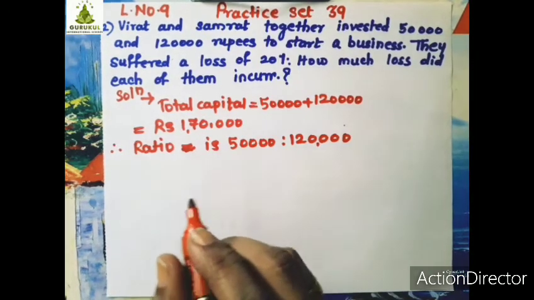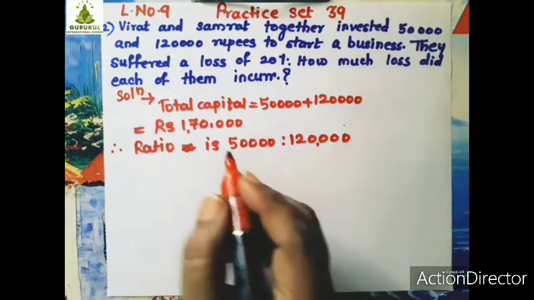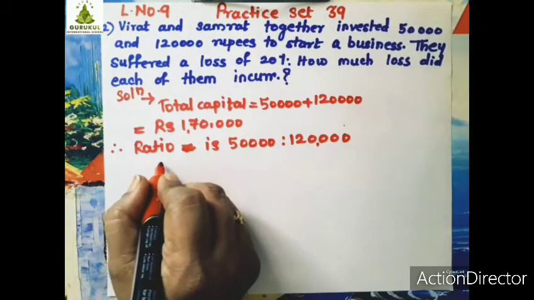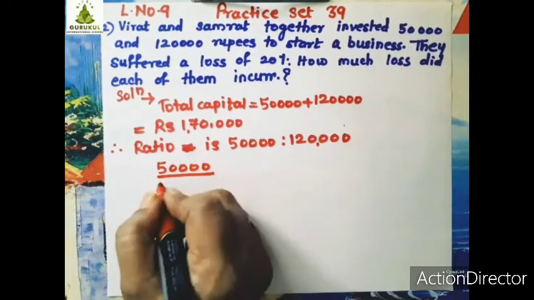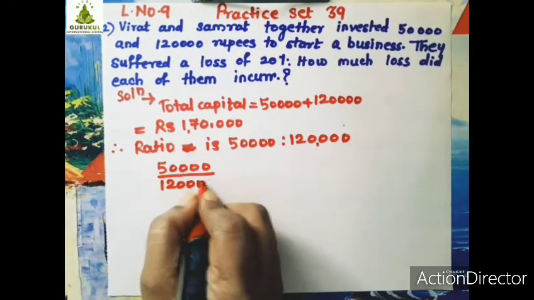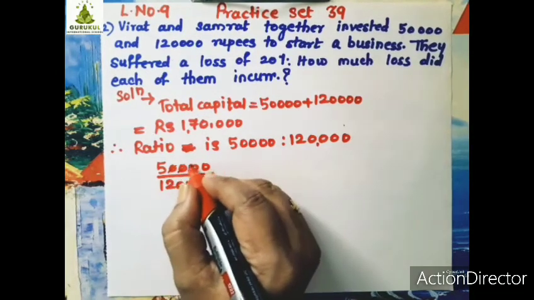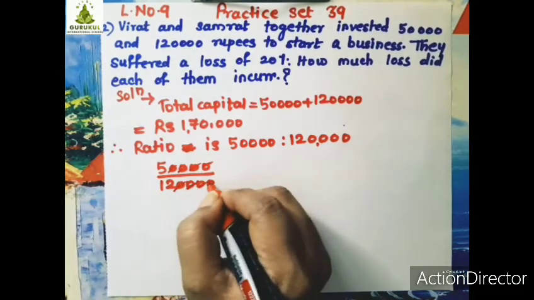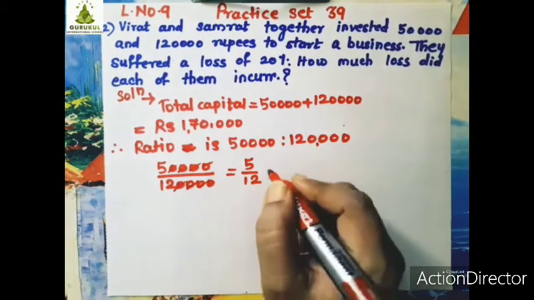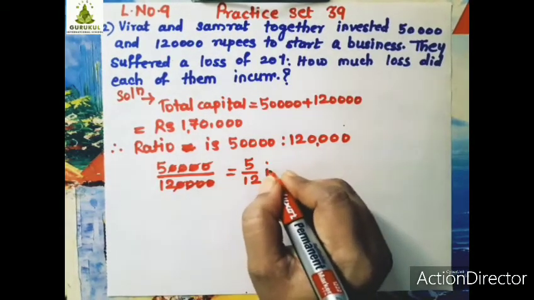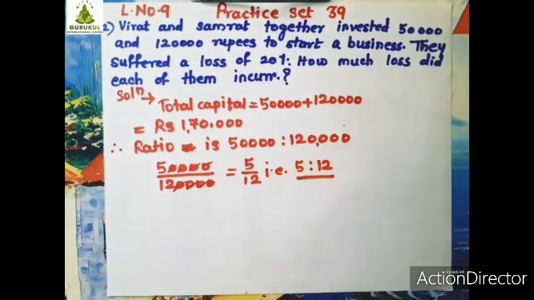Ratio means it's a division, so we can write it as 50,000 upon 1,20,000. So 4 zeros will be cancelled. What's remaining? 5 upon 12, and 5 is to 12 is our ratio.